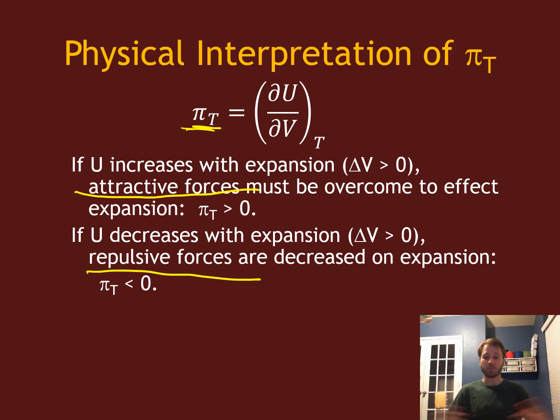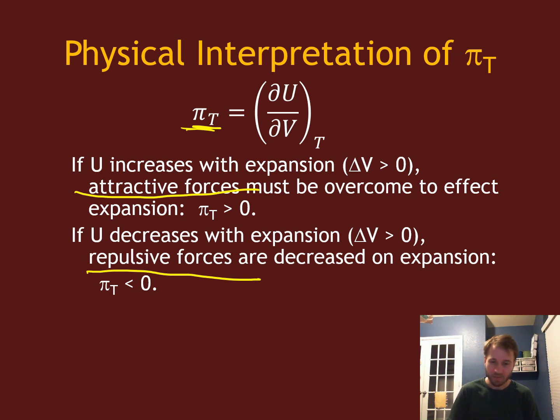It's like an exothermic process, because my molecules are able to relax. They're compressed tight together, repulsive forces dominate, you increase the volume, and the molecules just relax down. So its internal energy decreases. It's an exothermic process, and in that case, pi sub T is less than 0.